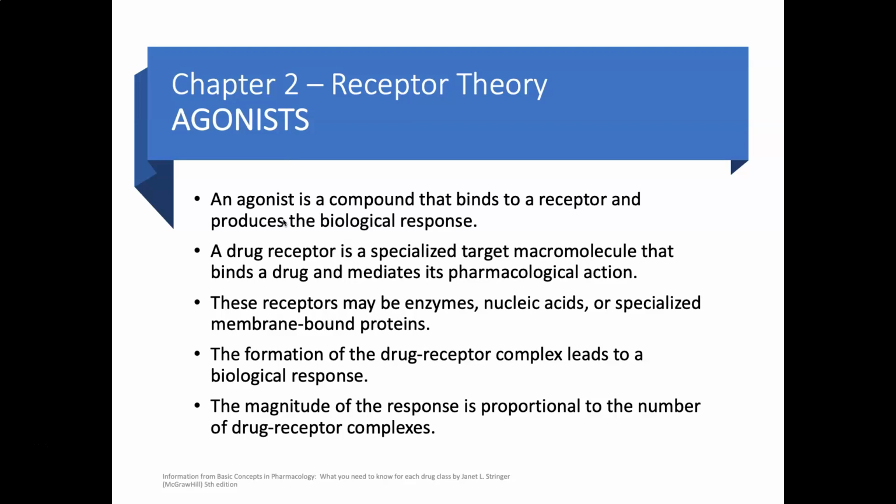The magnitude of the response is proportional to the number of drug receptor complexes or the rate of drug receptor complexes. And that makes sense. If you have a building with 50 doors, and 45 of those doors are picked and opened, you're going to get more access than if only 5 of those doors get picked and opened, right?